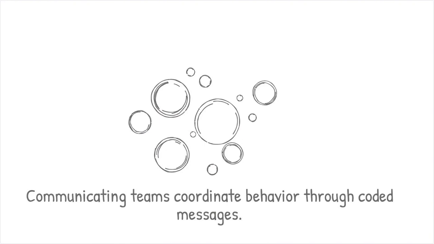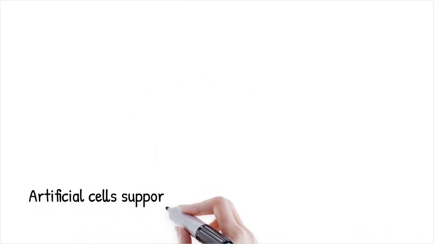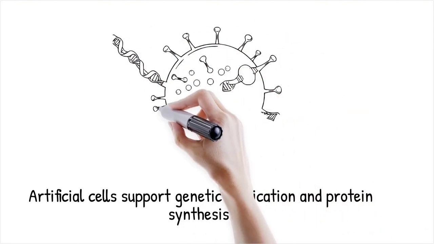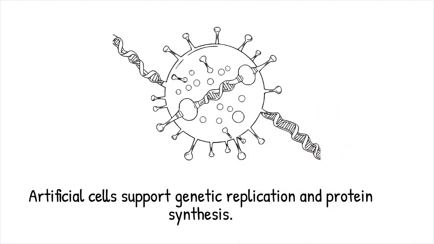By encapsulating nucleotides, polymerases, and ribosomes, artificial cells can support genetic replication and transcription-translation processes. Advances in cell-free expression systems enable controlled protein synthesis, providing insights into early life evolution and synthetic biology.